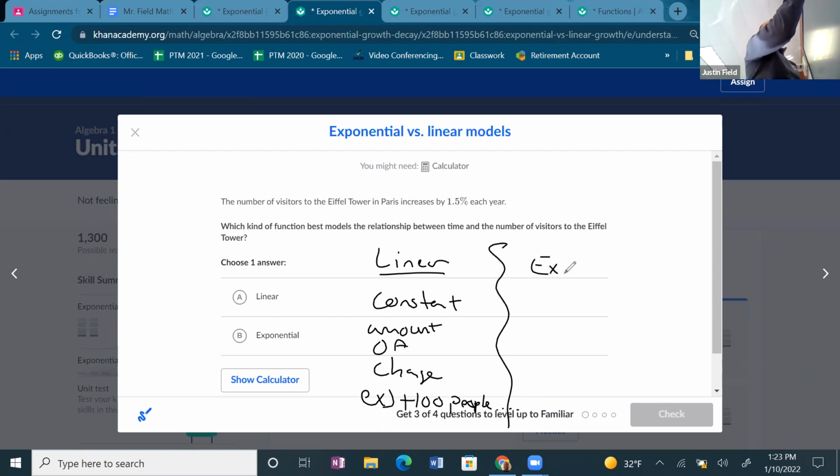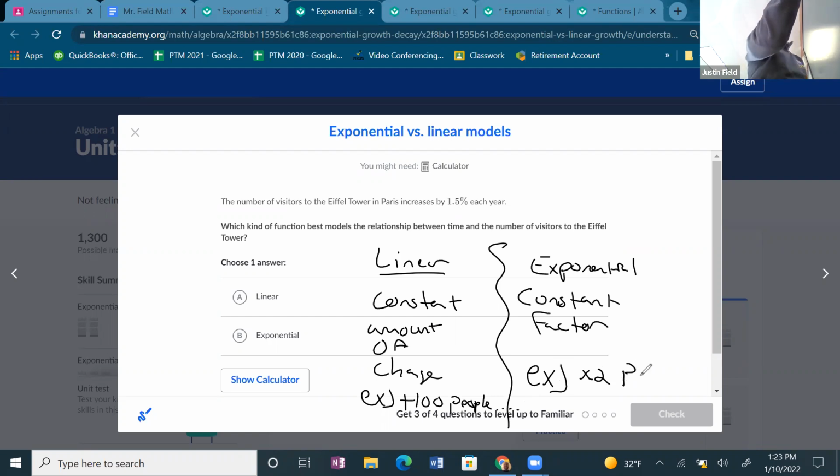Exponential has a constant factor. So example, the town is times 2 people each year. You know, or 1.02% each year. That's another growth factor.